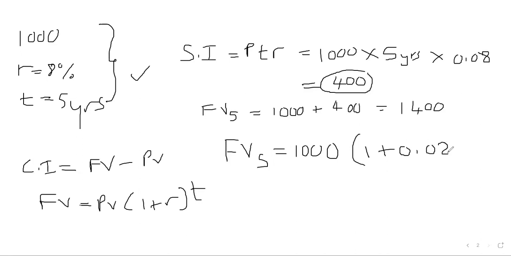And our time? 5 years. So meaning we're going to have 1,000 times 1.08 to the power 5. So this will give us what? 1.08 to the power 5 times 1,000 gives us 1469.